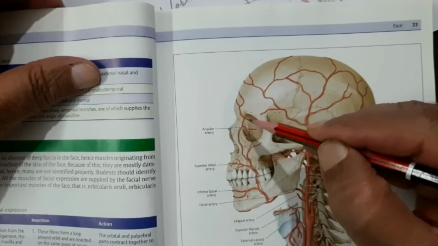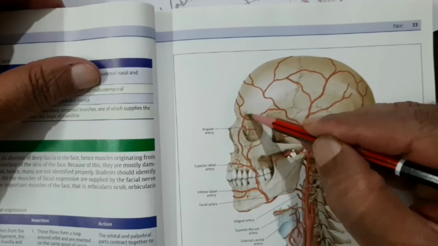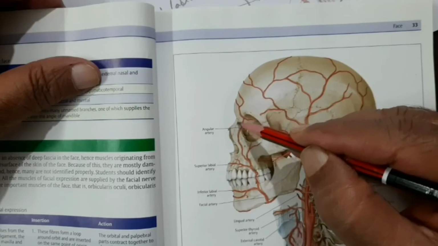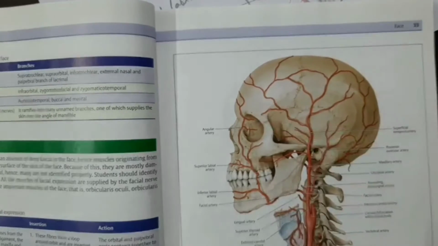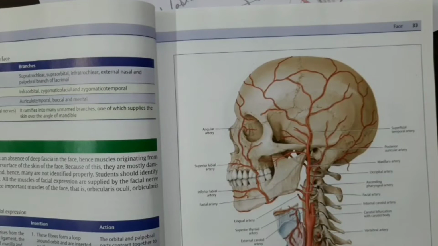So there is an anastomosis between the branches of the ophthalmic artery and the terminal end of the facial artery, which is here called the angular artery.